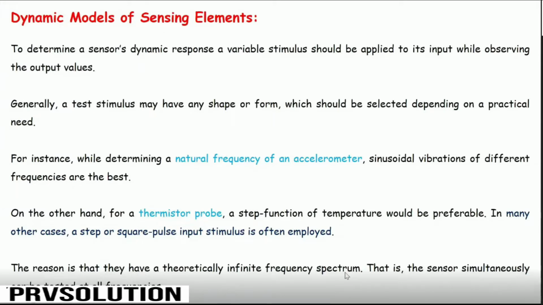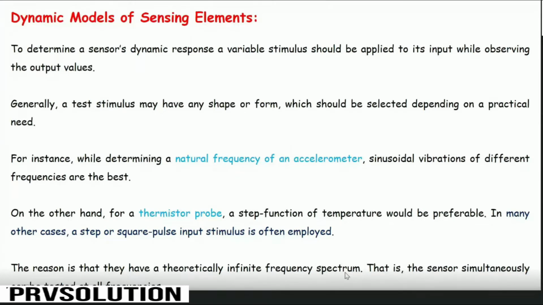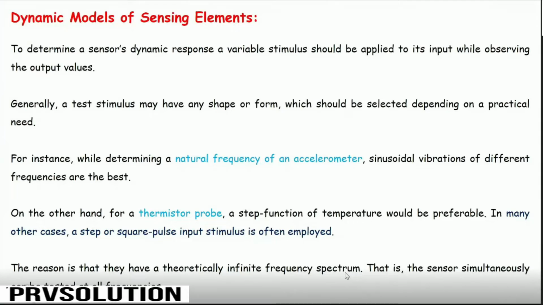Step function means at present the temperature is 10. All of a sudden it rises to 15. So then and there it must be 15. Step means just at a particular time it rises from one value A to another value B. So that will be preferred for the thermistor probe.